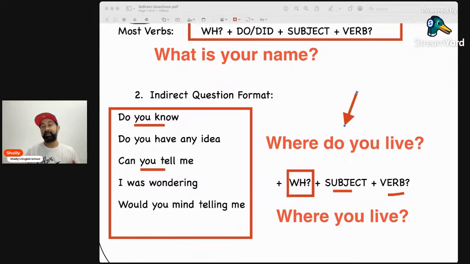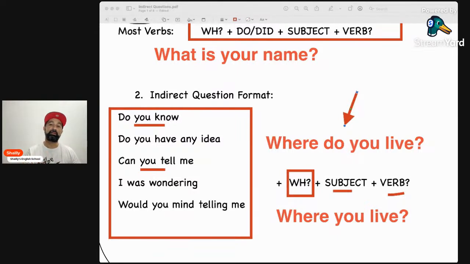Now, in the opposite case, can you tell me? Can you tell me is when the person I'm speaking to definitely knows the answer. They can definitely answer my question. They have the information. So, same situation.